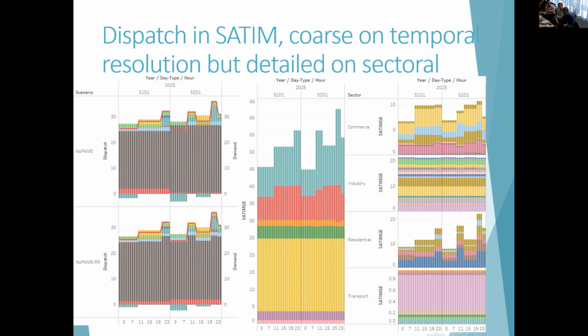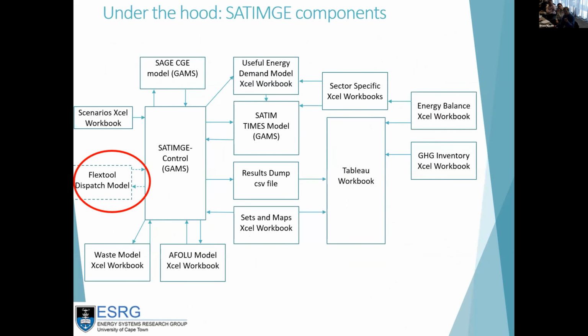But in this model, where we've favored the macro picture and having the full sector and GHG inventory, we've compromised on the spatial and temporal resolution. And when we want to analyze net zero by 2050, like we're doing at the moment, with scenarios that don't include a lot of CCS, we have to up our game and increase the temporal and spatial resolution, which at the moment we're doing as a check.